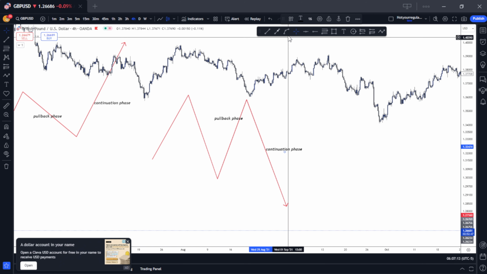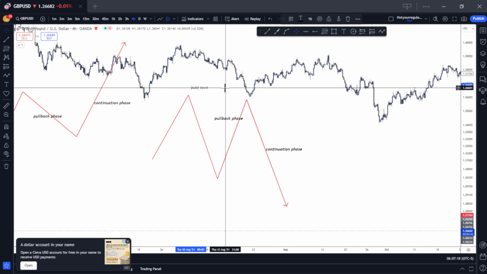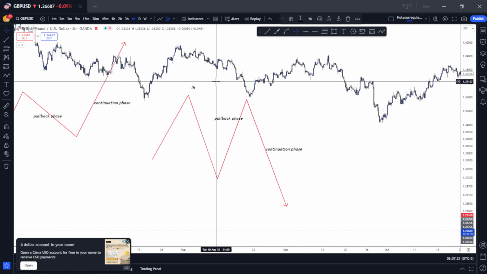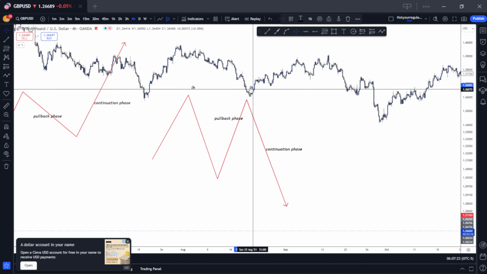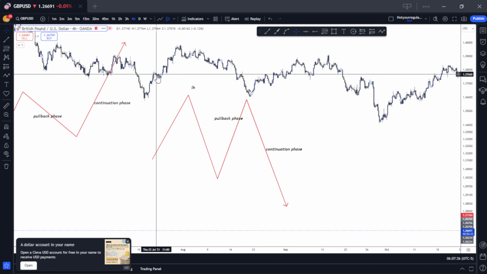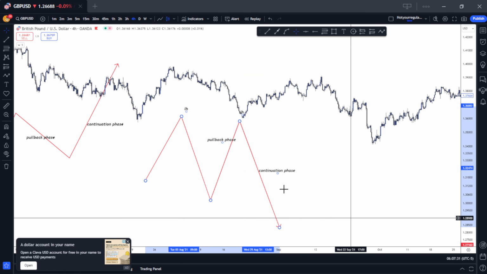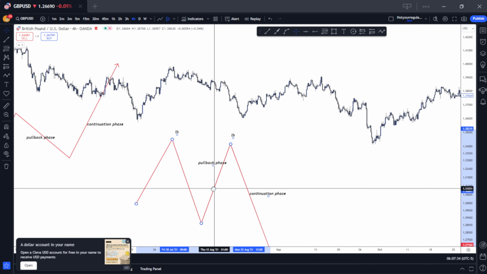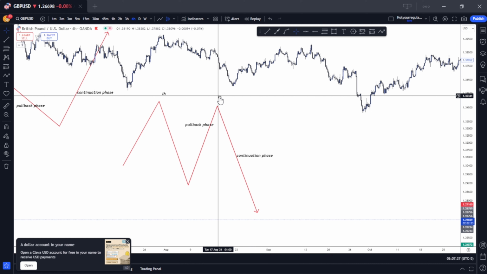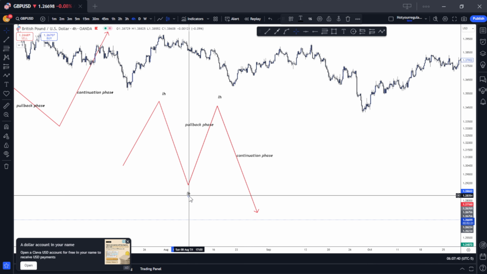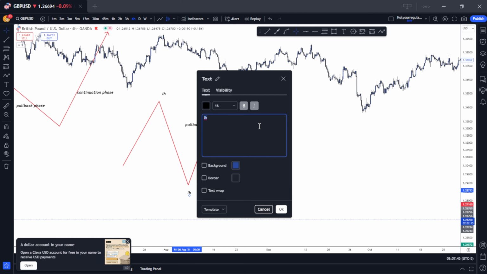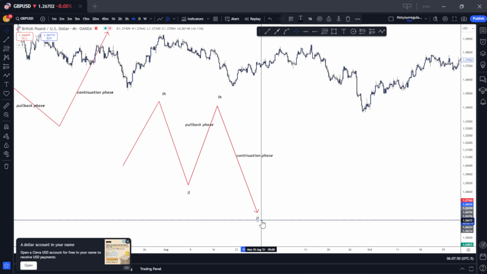Okay, so this is for a downtrend, lower highs, lower lows.